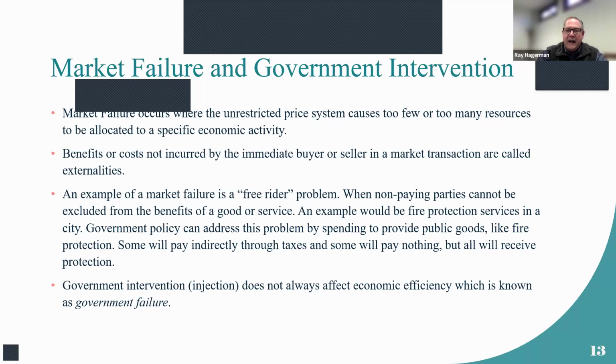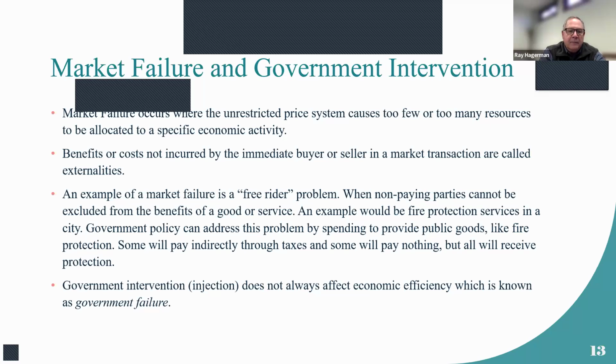And so it's not a perfect equilibrium at that point. It's not a perfectly efficient market because there are some costs and benefits that happen outside that particular market transaction. Those are known as externalities.